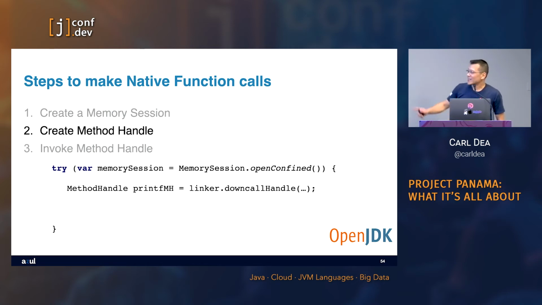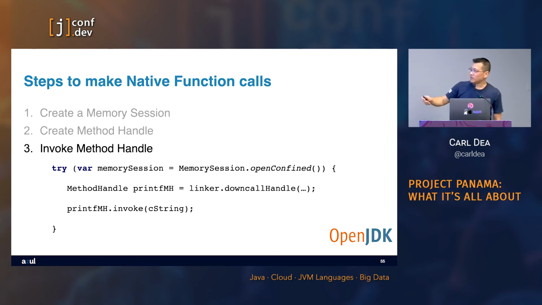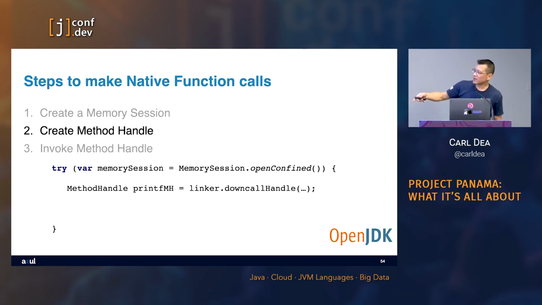Okay, so here we have when you create a session scope, there's the memory session class, which allows you to open that scope. And then I had to go back to the method handle. So when you create a method handle, there's something called a linker, which we'll go into in a minute.